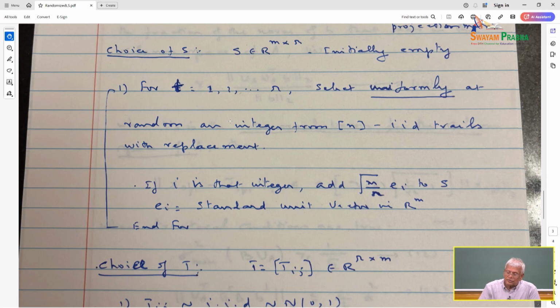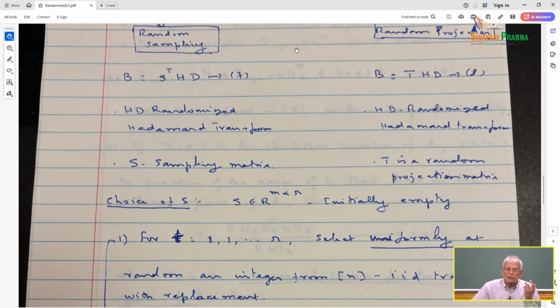So, if i is picked, I am going to create a vector which is e_i scaled by square root of m by r and attach this vector as the ith column of the matrix S. You repeat this r times. At the end of this loop, I am going to get a matrix which is m by r. This m by r matrix, whose transpose is used in S transpose HD.